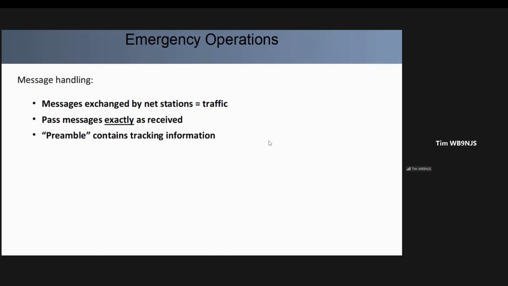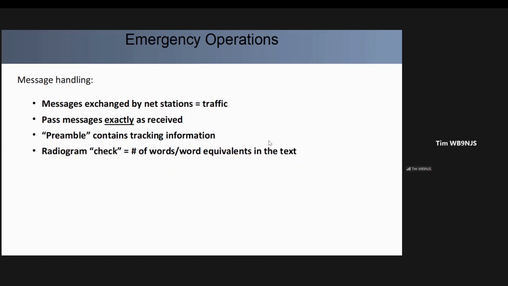Formal traffic uses some specific protocols to help increase accuracy. One of those is a preamble. The preamble in a formal message contains information needed to track the message. So the preamble contains tracking information. Another thing that's used is when a radiogram, which is a message format, is used, the check in a radiogram header indicates the number of words or word equivalents in the text portion of the message.